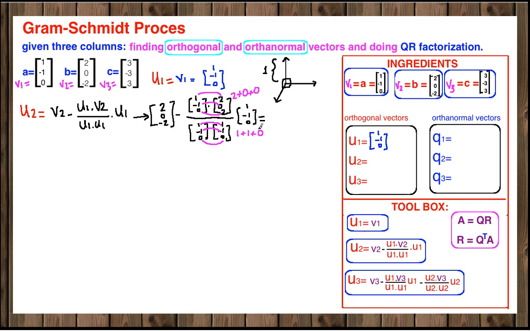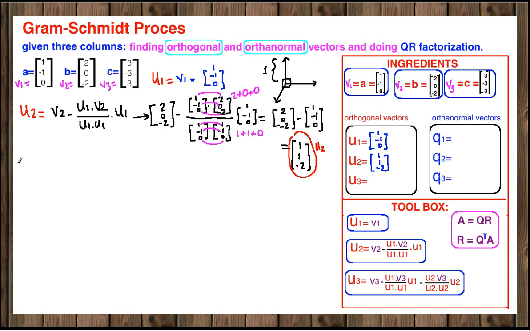And scale factor 1 will not affect this vector. So technically, 2, 0, -2 minus 1, -1, 0 is our u2. 2 minus 1 is 1, 0 minus -1 is +1, and -2 minus 0 is -2. So this is our second orthogonal vector, u2. Let's place it in our table as well. 1, 1, -2.